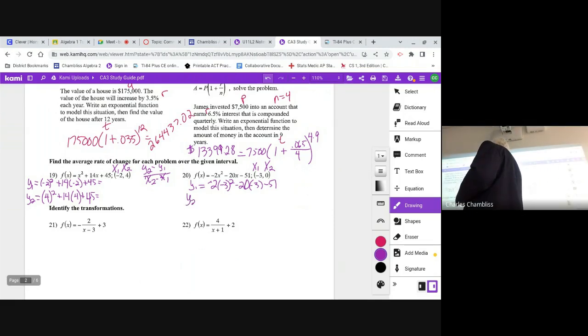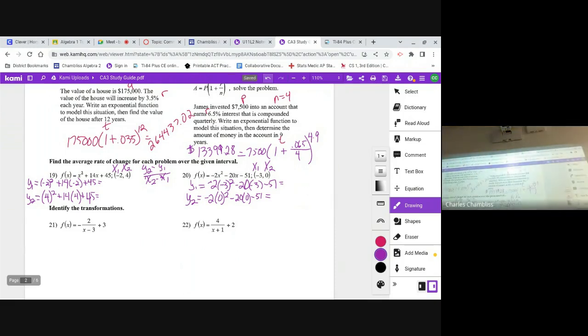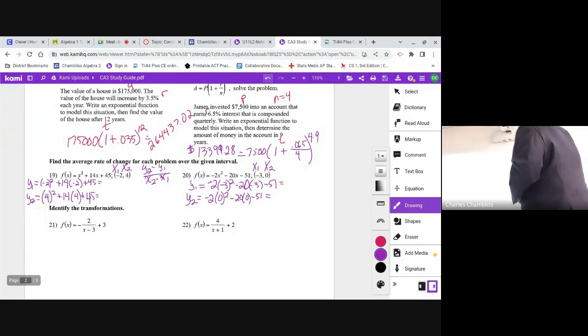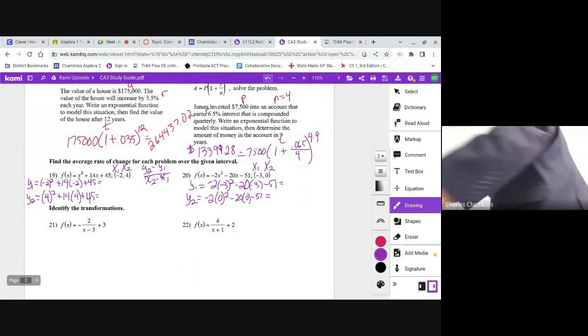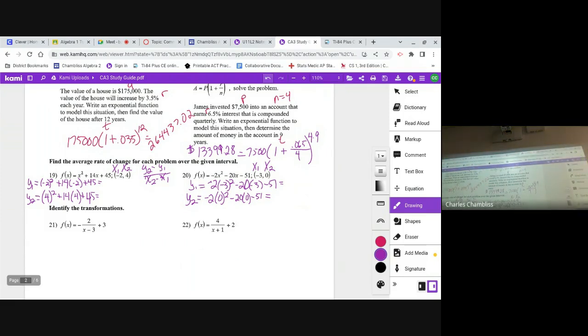And y2, you plug in 0, you get -2 times 0 squared minus 20 times 0 minus 51. Okay, again, this is using the function to evaluate. I'm just going to use one of these. You see how to do it. I'm just going to type these in.